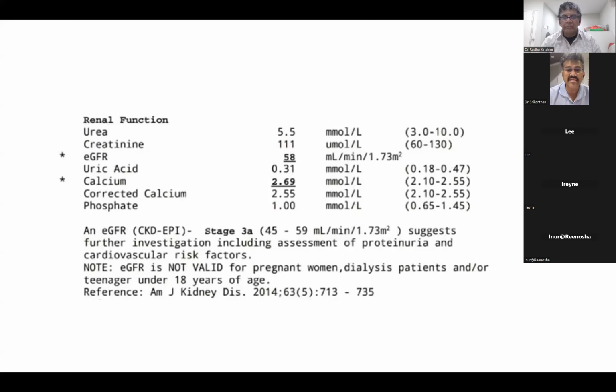The eGFR is 58 and creatinine is about 111. When you look at the eGFR assessment, the description shows stage 3A, following the stages of CKD. So this patient has stage 3 CKD.